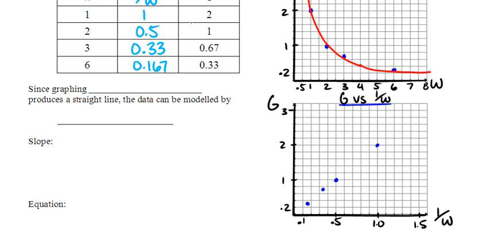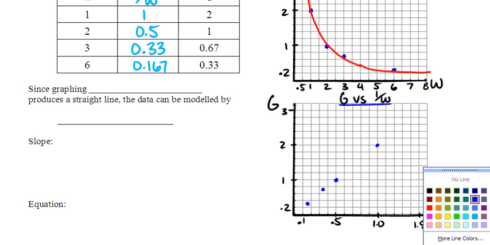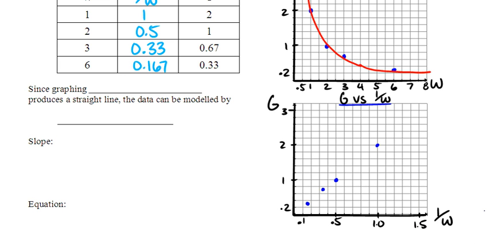So there's our second graph, all plotted. G versus 1 over w, rescaled that 1 over w axis, plotted my 4 data points. Looks awfully straight to me. It actually worked. So we can go ahead and draw a line of best fit through those data points. Maybe something like that.